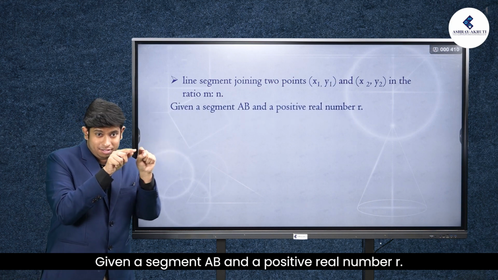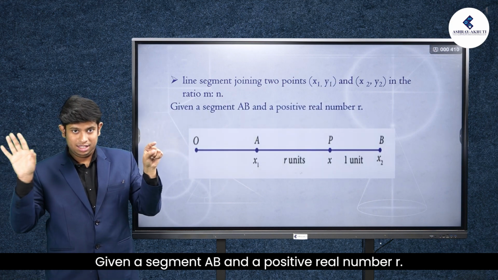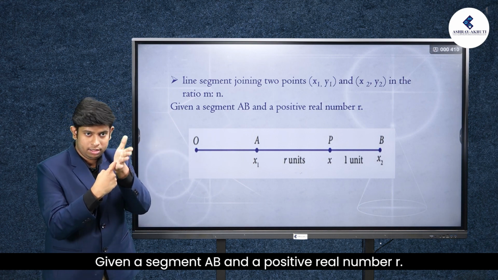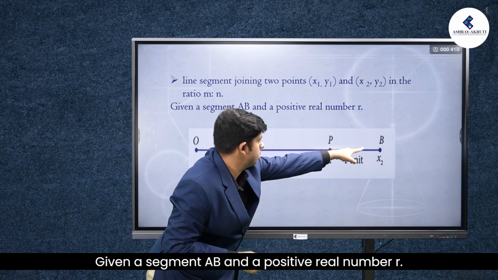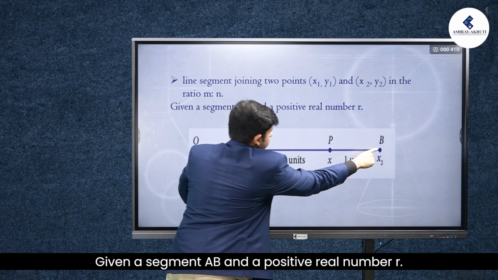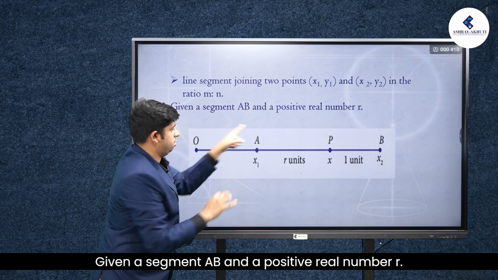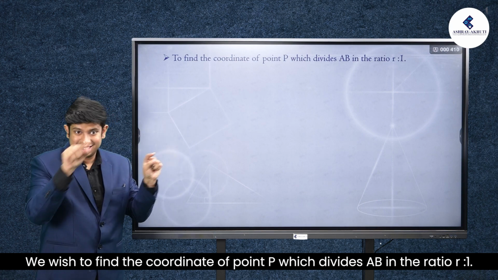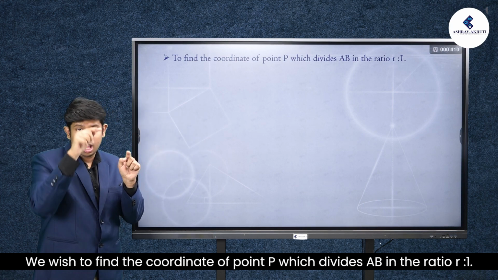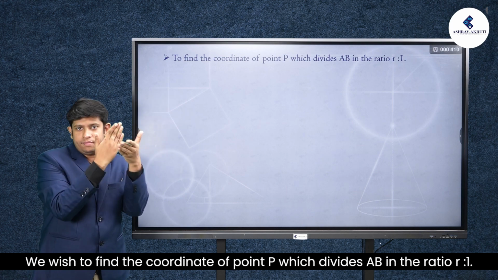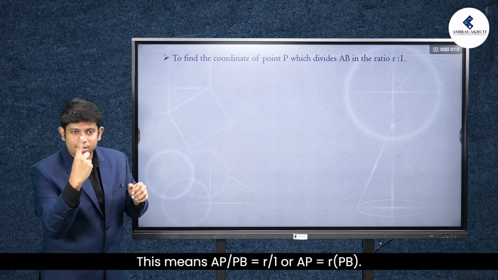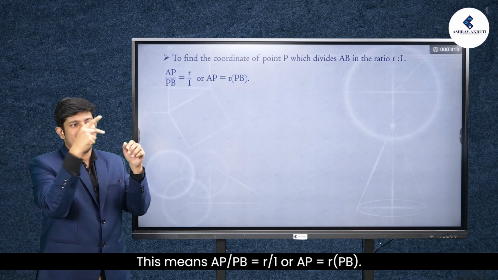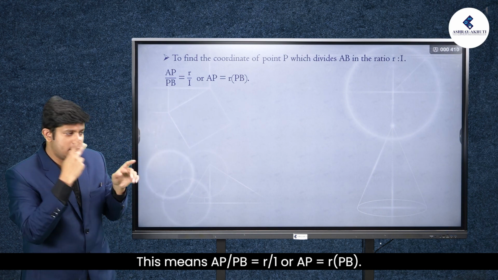Given a segment AB and a positive real number r, we wish to find the coordinate of point P which divides AB in the ratio r:1. This means AP by PB is equal to r by 1 or AP is equal to r into PB.